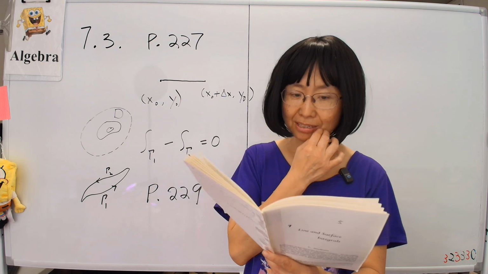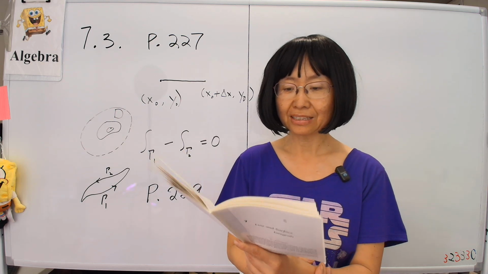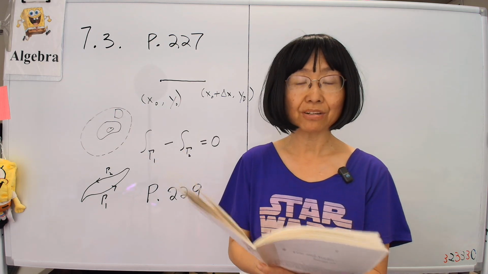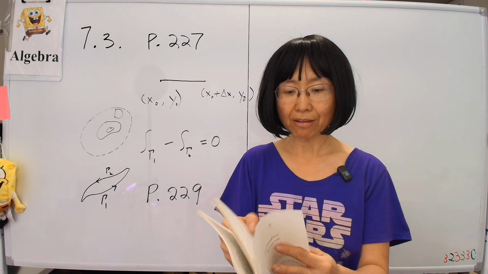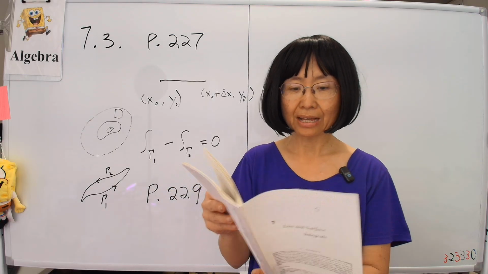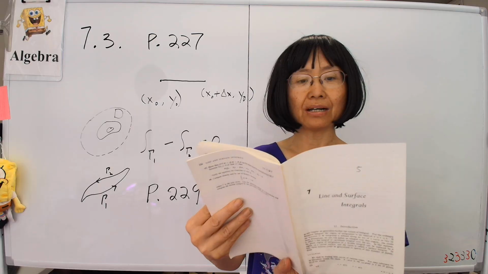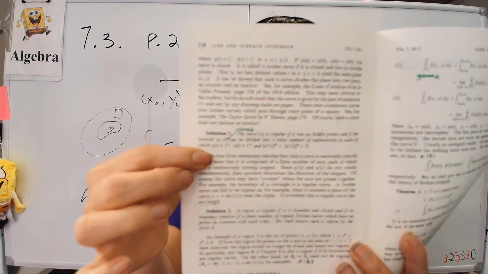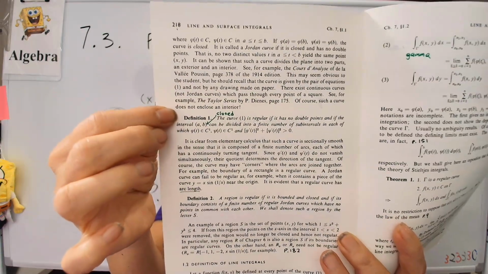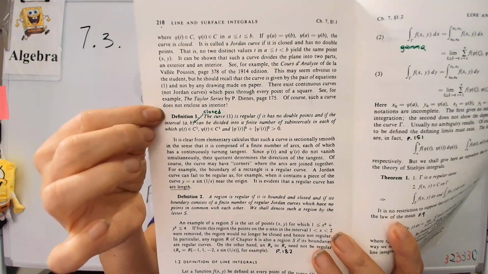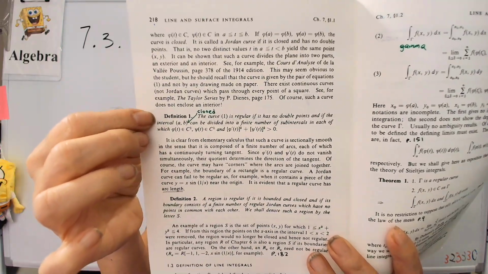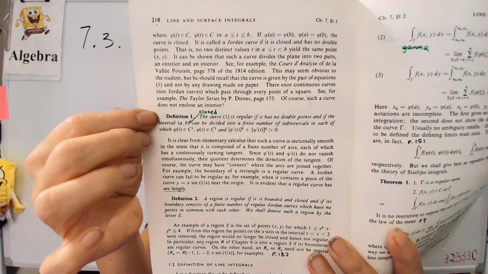And notice that in this particular proof, gamma can even cross itself. Normally a regular curve is not allowed to cross itself. The definition of a regular curve on a previous page is that a curve is regular if it has no double points. That means it doesn't repeat, it doesn't cross itself or even touch itself again.